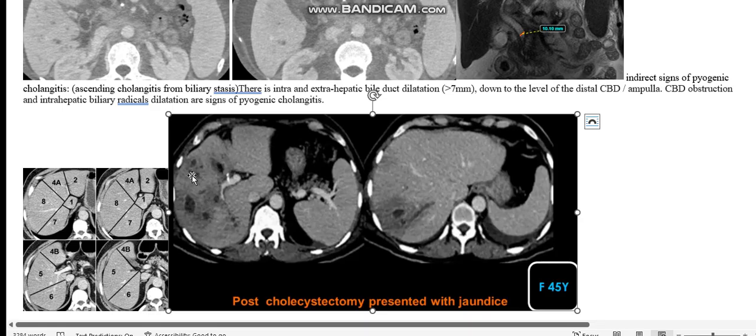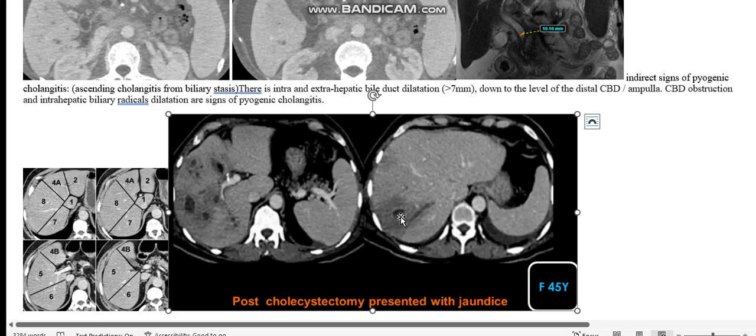So I think these lesions are not related to the biliary system. These lesions are hypodense collections with enhancing wall and surrounded by halo of edema, the characteristic features of hepatic abscess.